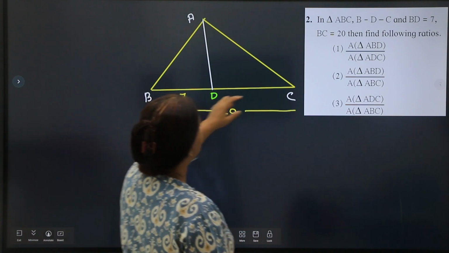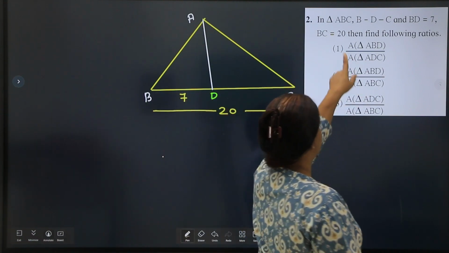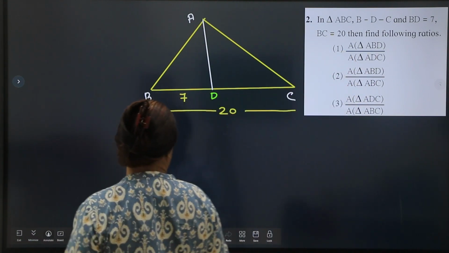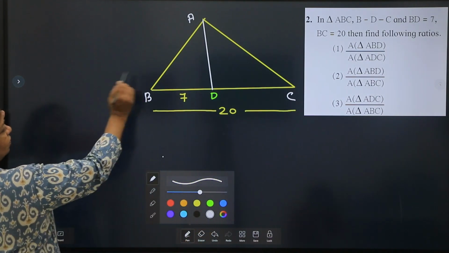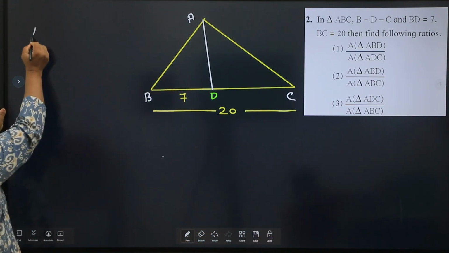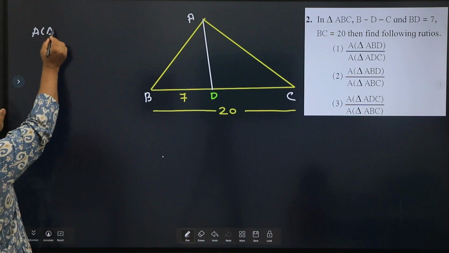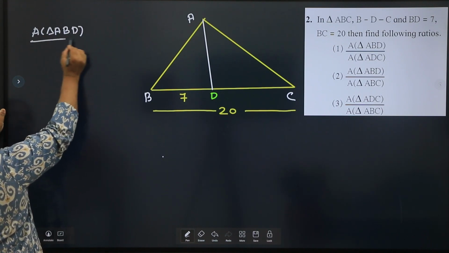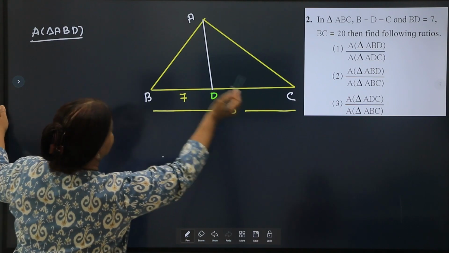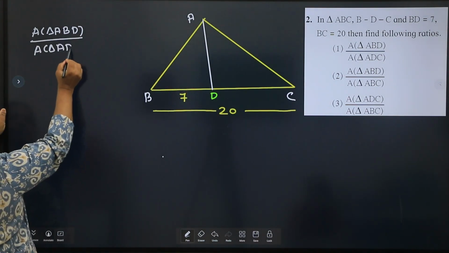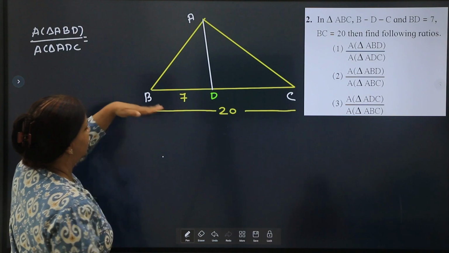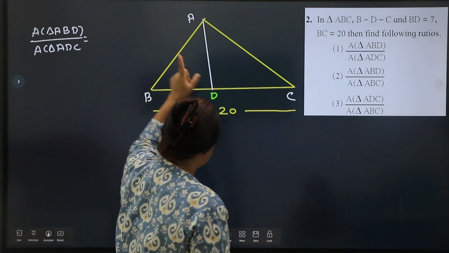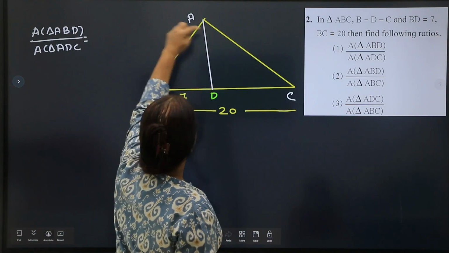We have to find out the following ratios. First we will find the area of triangle ABD upon area of triangle ADC. Now see children, B, D, C, let's see the triangle ABD.